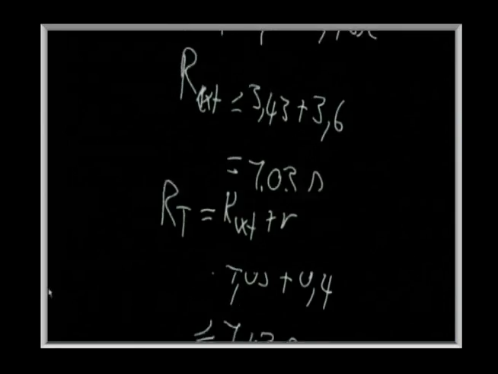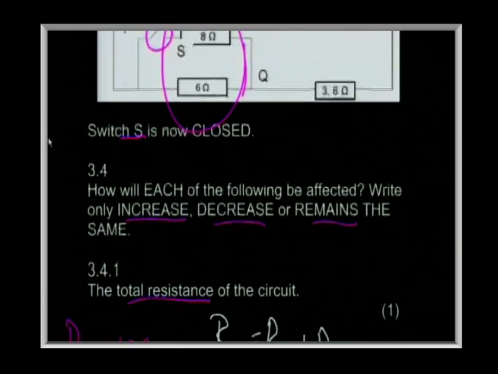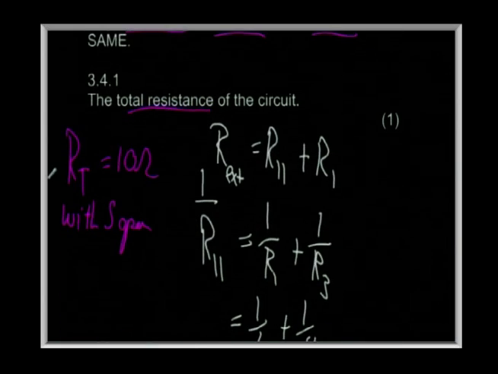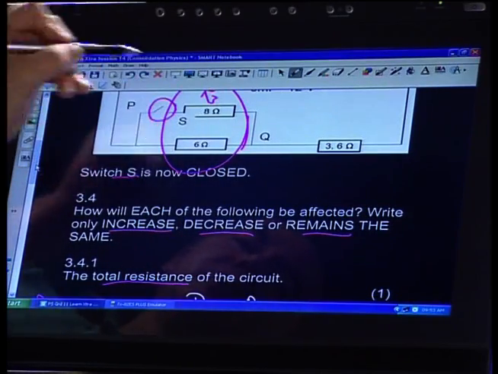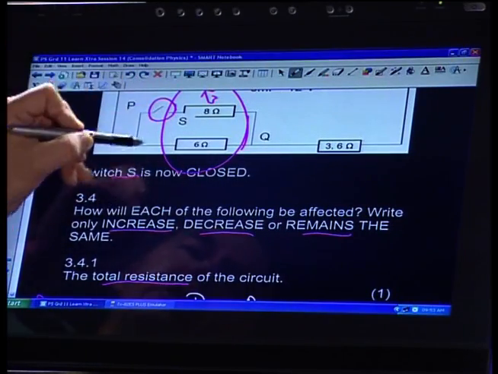So what are we saying? As soon as you put something in parallel, you didn't need to do that calculation. I was just giving it as an example of how you would calculate something in parallel, just to remind you the important thing is using the calculator and making sure that you invert R parallel. But notice, anything in parallel is always going to reduce the total resistance.